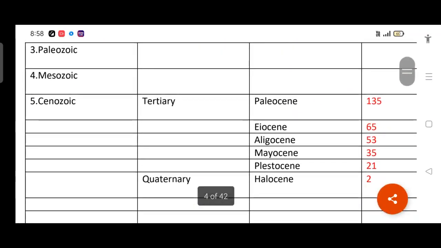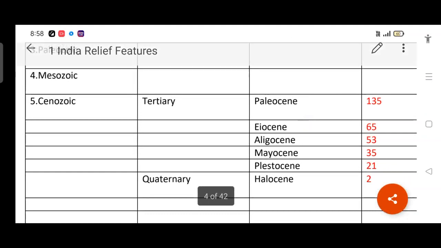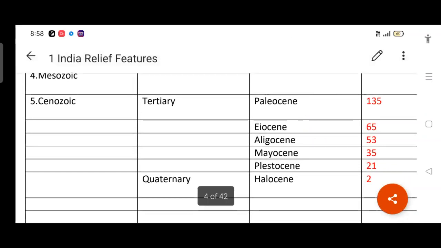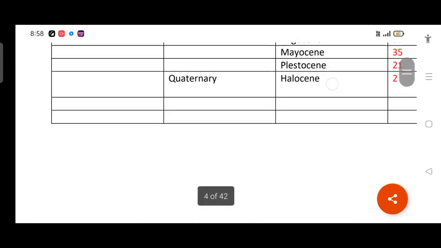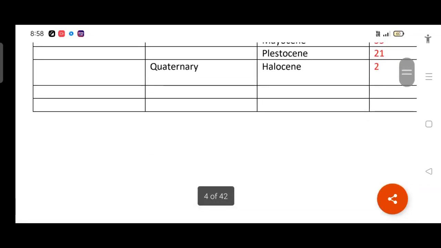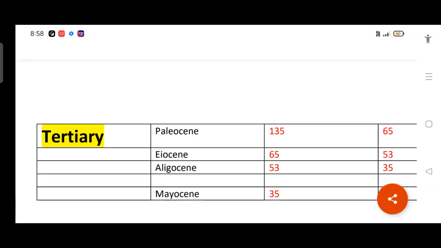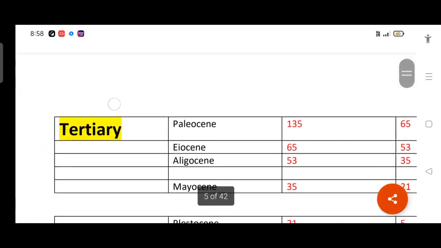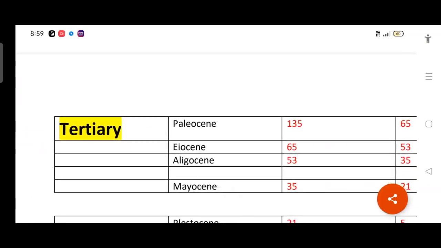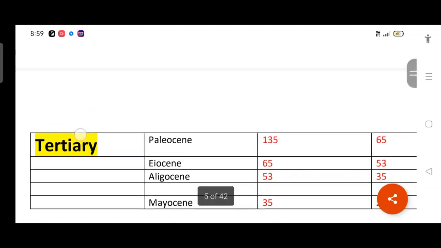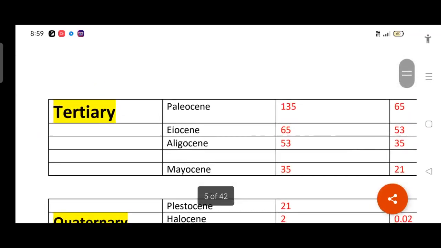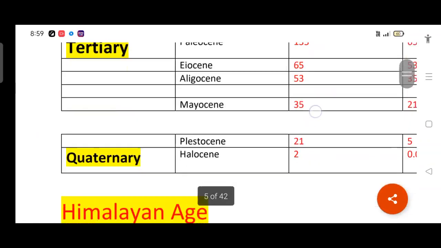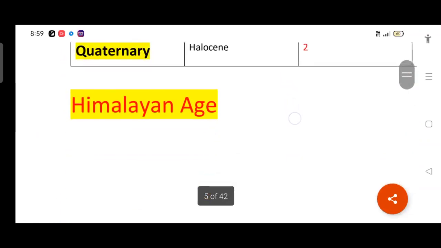These are Paleocene, Eocene, Oligocene and Miocene. Why are we talking about these ages? Because the Himalayan ranges originated in the tertiary age. It is closely related to our current lesson. Okay, this is the Himalayan age.